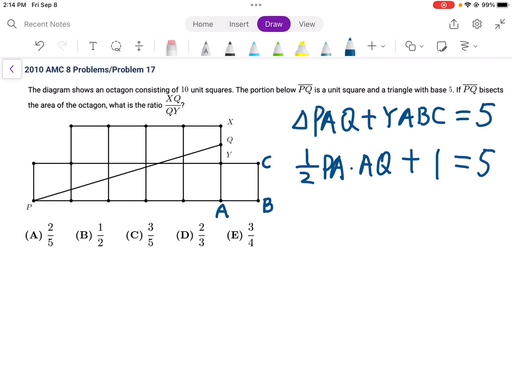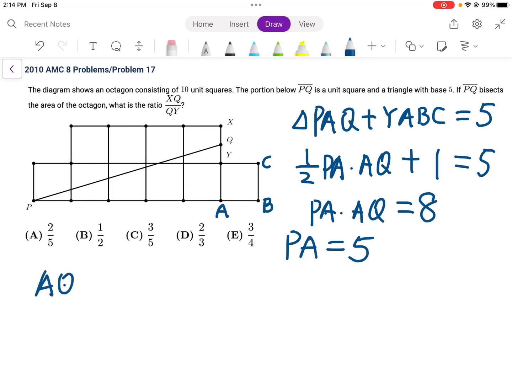Then we get PA multiply AQ equals 8, because PA equals 5, so AQ equals 8 over PA equals 8 over 5.